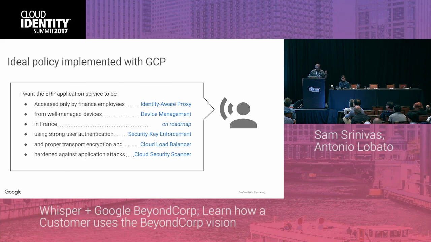Strong authentication is a security key enforcement, which Christian talked about, but I'll again address briefly in this talk. And proper transport encryption is using our cloud load balancer that is putting an application behind our global front end, a Google front end GFE. And of course, hardened against application attacks is the cloud security scanner.